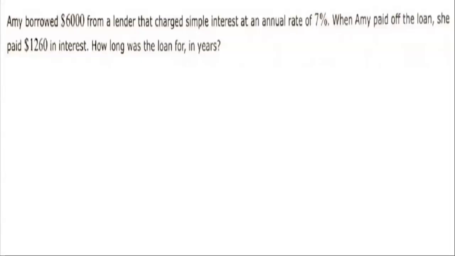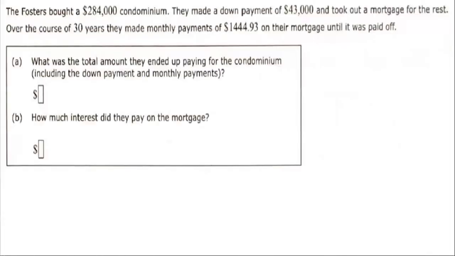So we're going to use the same formula, I is equal to PRT. P again is the amount borrowed or the principal. In this case, Amy borrowed 6,000, so we put 6,000 there. And then R is the rate, so the rate is 7%.